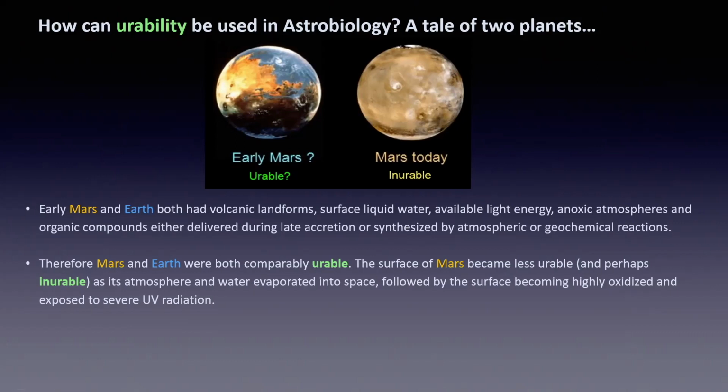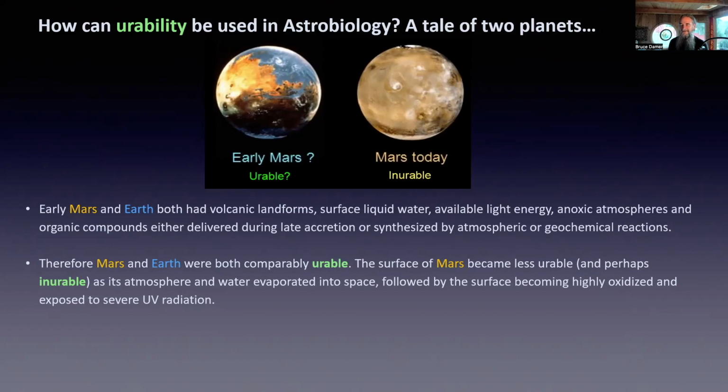So finishing up this comparison, Dave. Mars and Earth would have been errable 4 billion years ago, but Mars became inerrable. And I think you also pointed out in the paper that the question would be whether Earth is errable today.